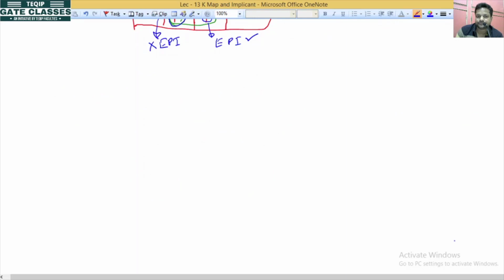Now next we have the redundant PI, the redundant prime implicant.